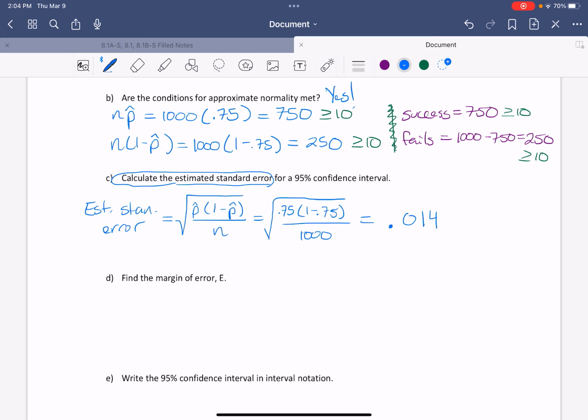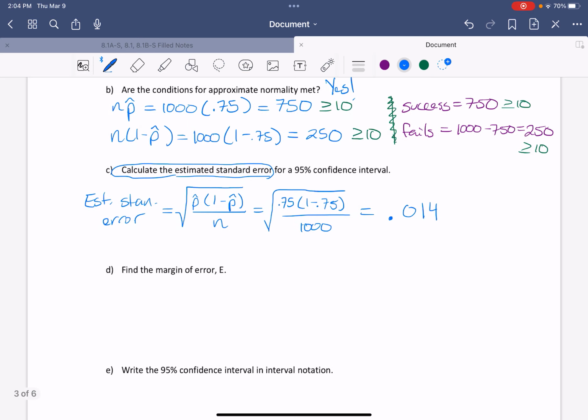So part D, find the margin of error. Again, look to your formula sheet. You're not expected to have all these memorized. The margin of error, E, is equal to Z sub C, the critical value, times the estimated standard error.